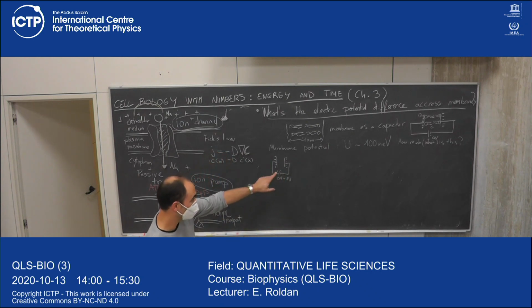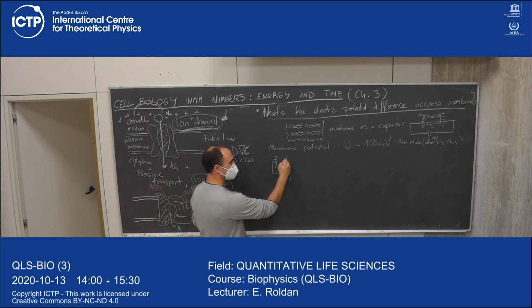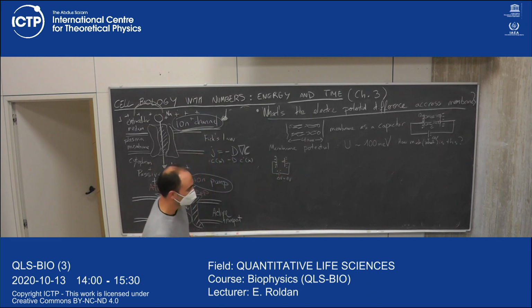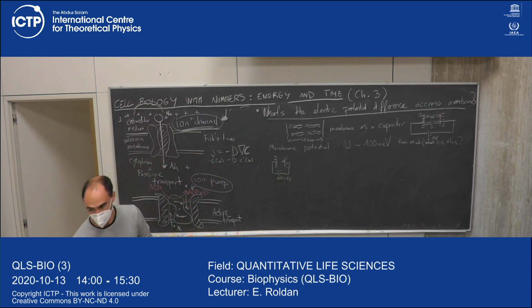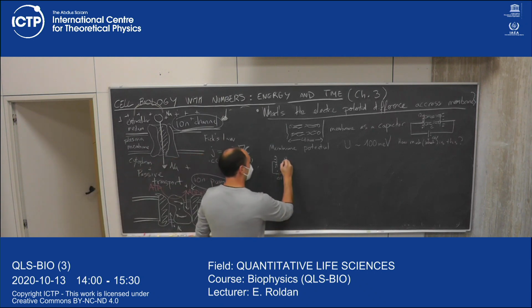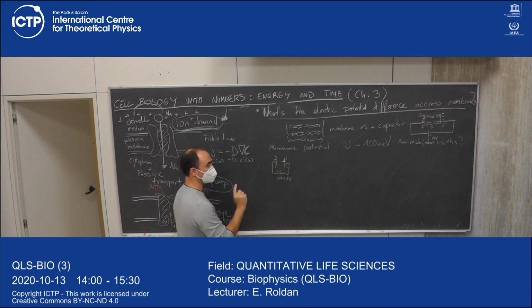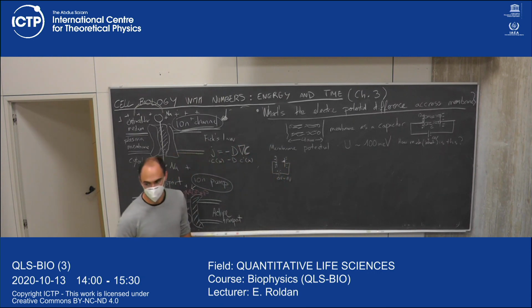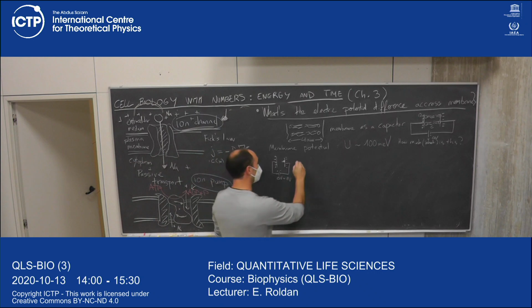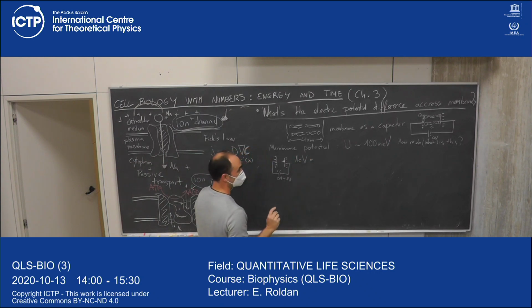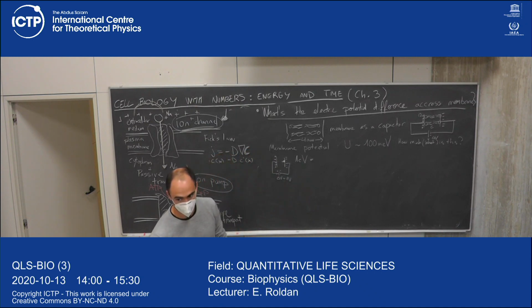The electron volt is how much energy an electron gains when it is subject to a voltage of 1 volt. So the electron comes here, feels all these negative charges, and travels through this part. So 1 electron volt, in reality, is a unit of energy, not of a voltage.